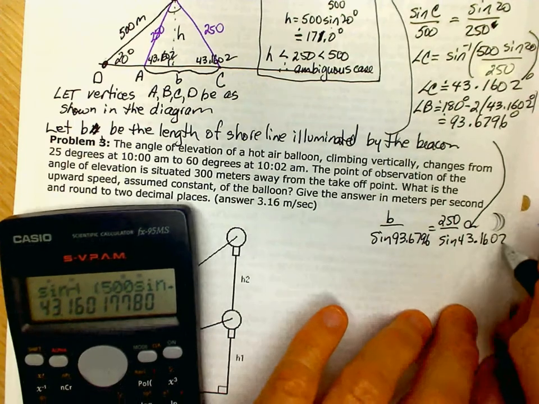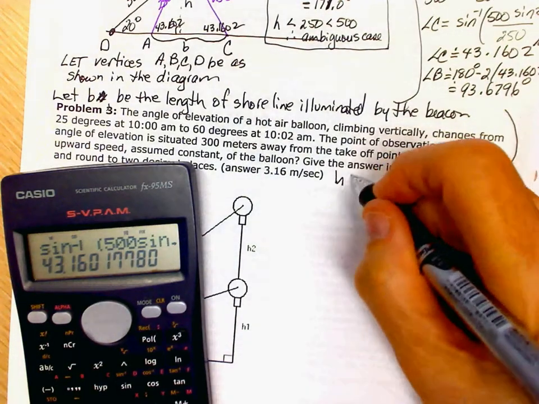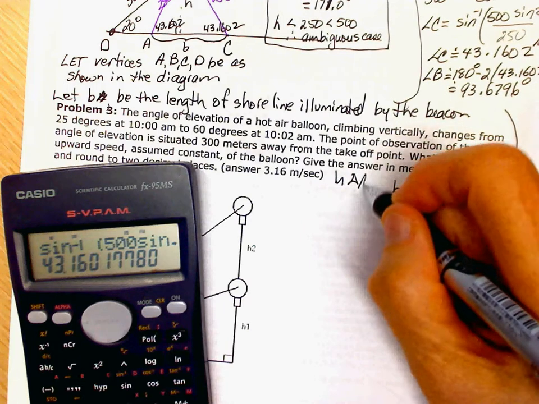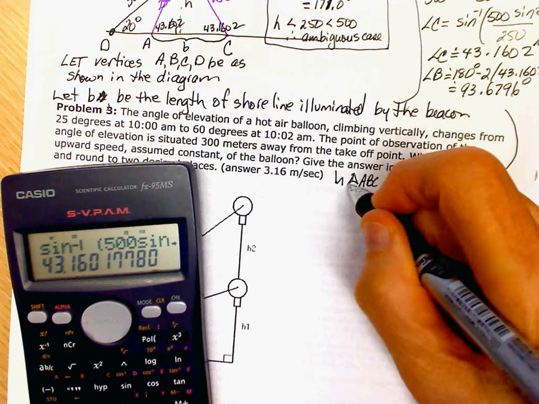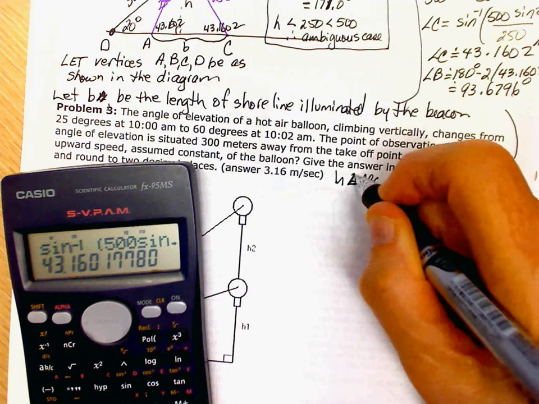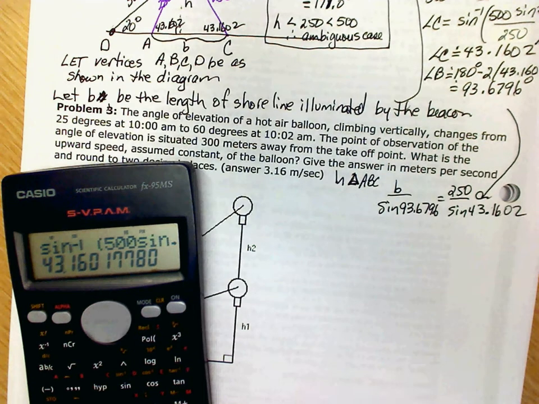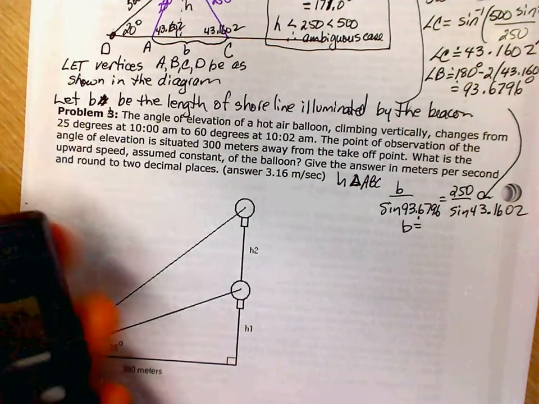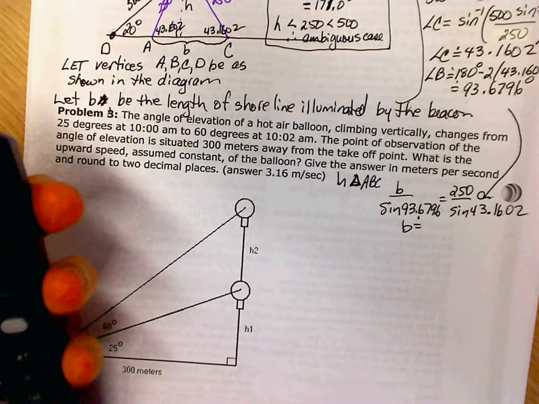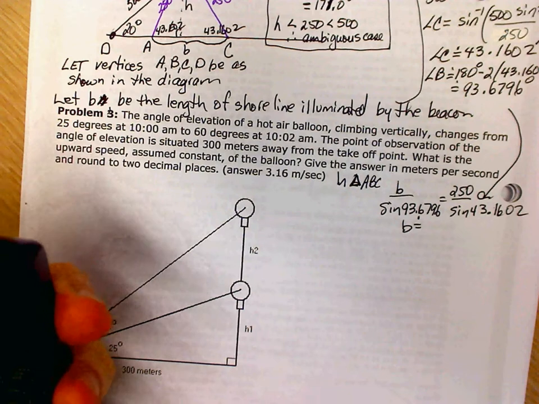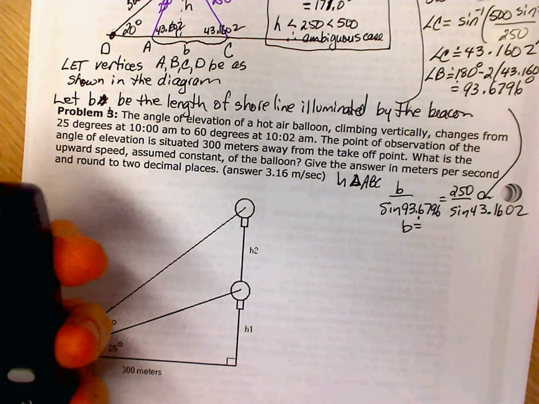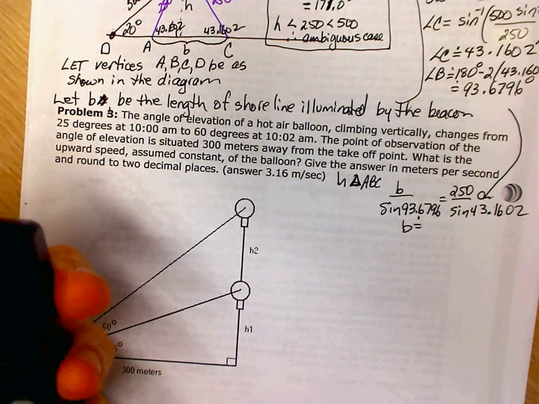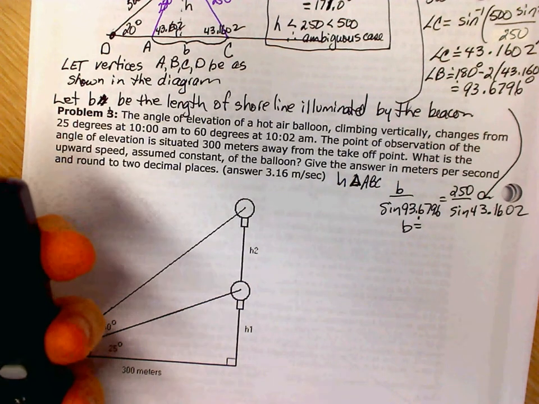So this is in triangle ABC. You need to communicate, because if I can't follow your work, I can't give you any marks, right? So B is approximately, if you were to calculate that, 250 sine of 93.6796 divided by sine of 43.1602.